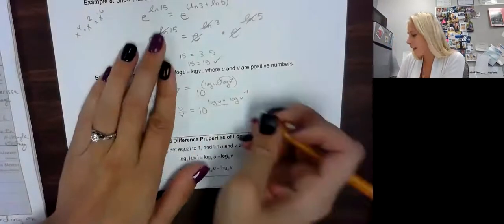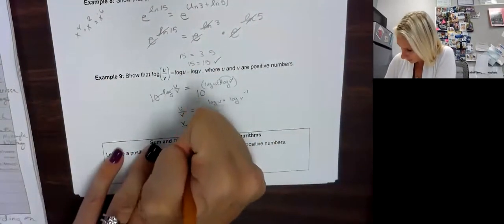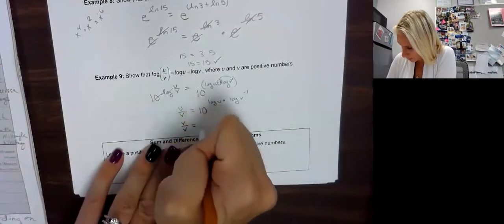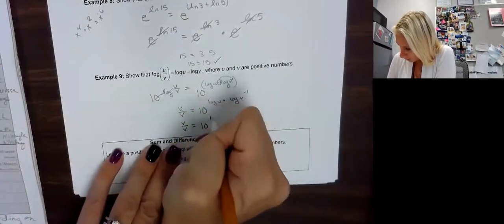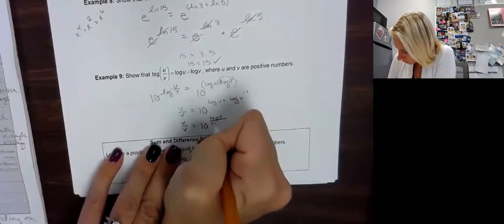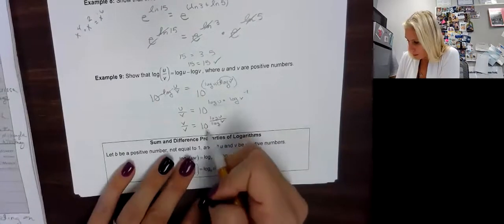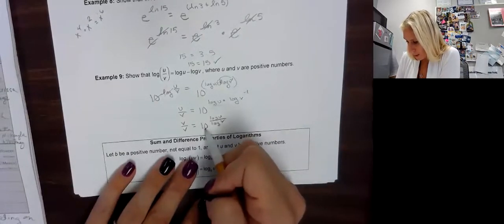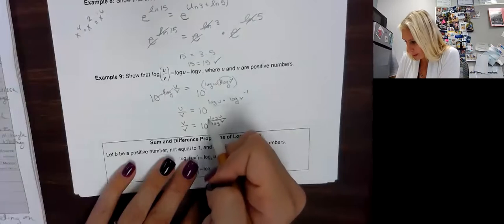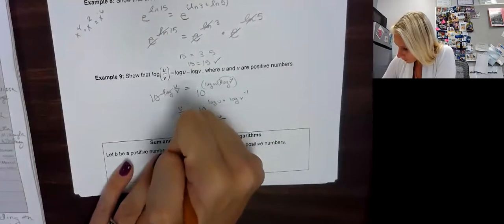Now, negative exponents, where can we make them positive? Well, we put them in the denominator. So right now I have log u all over log v. Now, if I do this correctly, we can actually separate it and have this being log here and log here. So, oh, and I made that u. Sorry. Okay, ready? Next step.